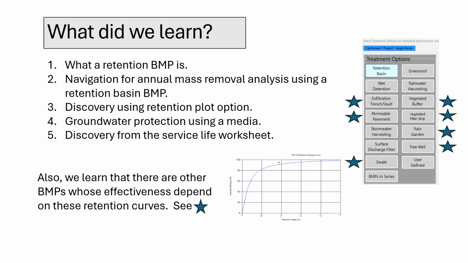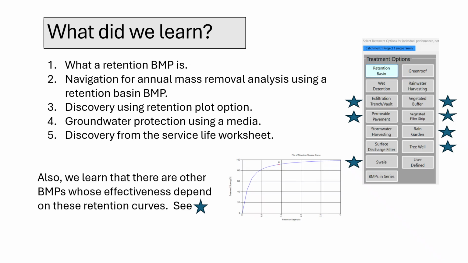This led us to explore discovery methods using retention plot options, enabling us to identify optimal designs for basin depth and volume. A significant focus was placed on groundwater protection, particularly when retention relies on infiltration. We learned how using specific media can protect groundwater by removing pollutants like total nitrogen and total phosphorus. Additionally, we understood the insights we can derive from the Service Life Worksheet, which helps us determine the operational lifespan of such protective media.